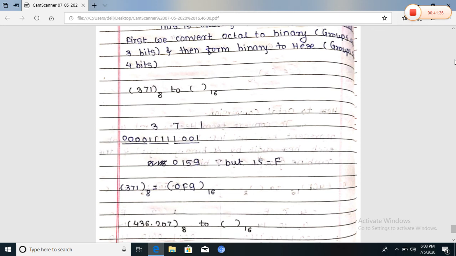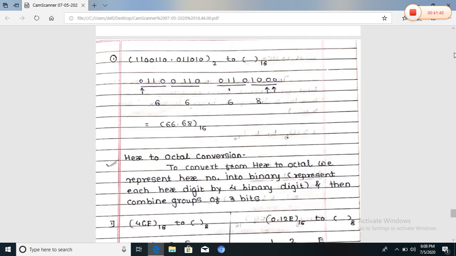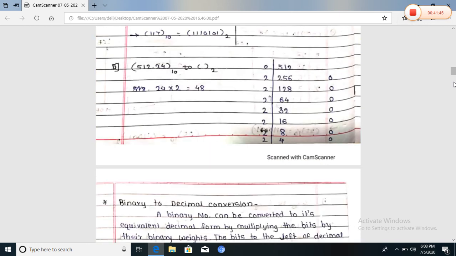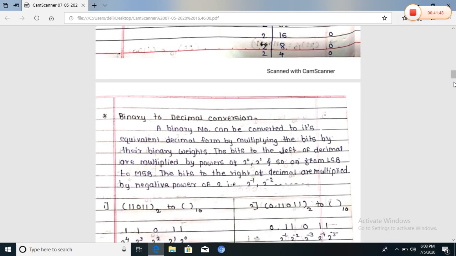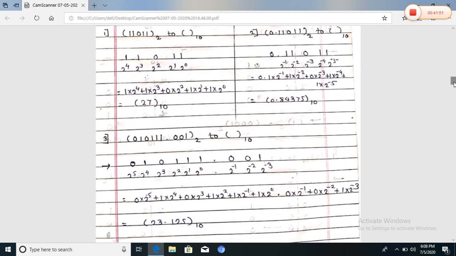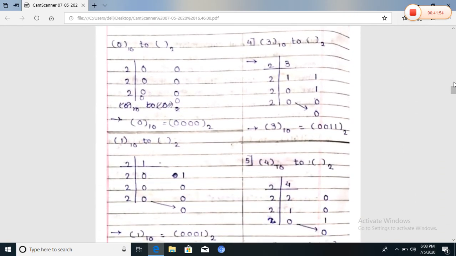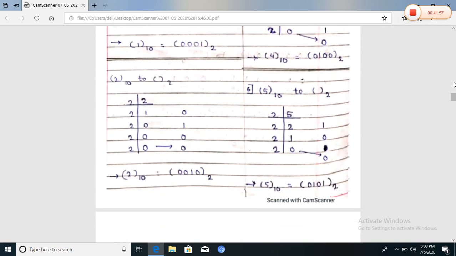That conversion is octal to hexa. This is the conversion of all number systems. You have to solve all these number systems for practice, and all examples are given, and you have to take the calculator and make the calculations.